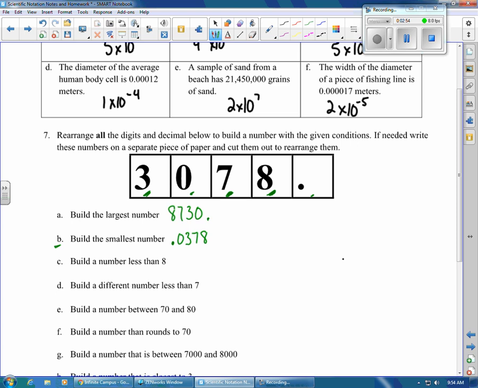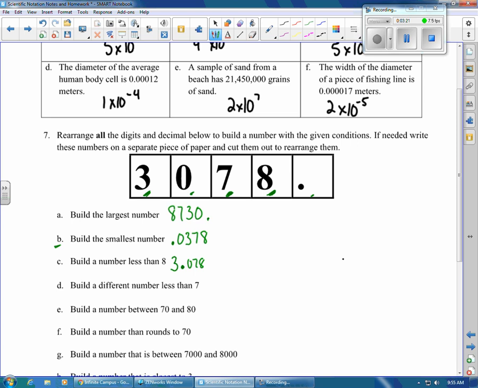So I'm going to start with the 3, and then I'm going to put my decimal in there because I don't want like 30 or 37 or 38 because that would be greater than 8. It's going to be 3 point, and then I can use any order for the next 3 numbers. So it can be 078, it could be 708, it could be 807. Anything coming after that decimal is not going to increase my number to be greater than a value of 8.